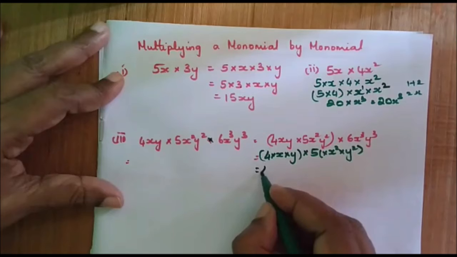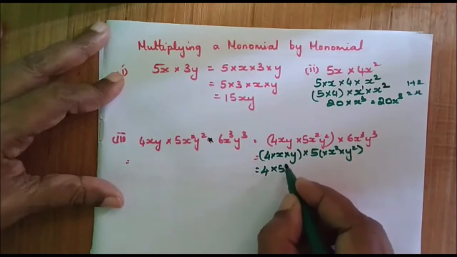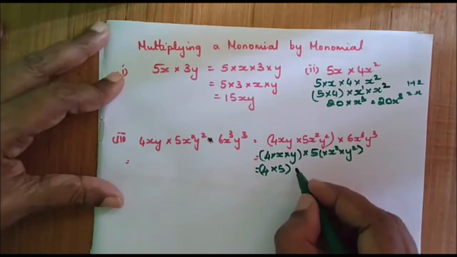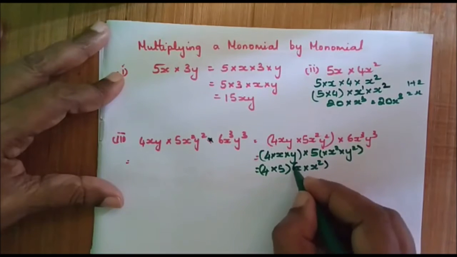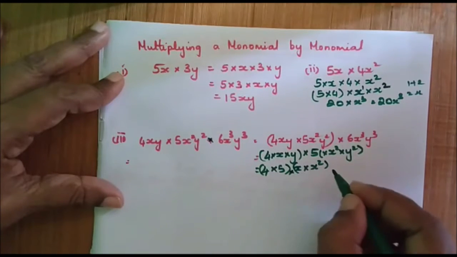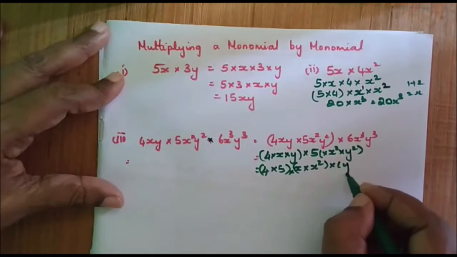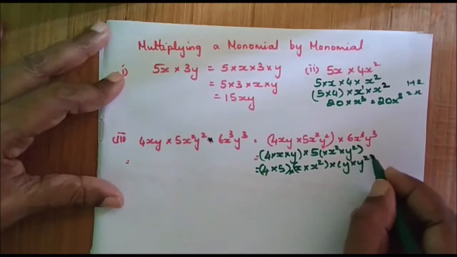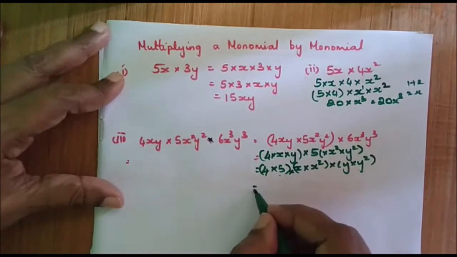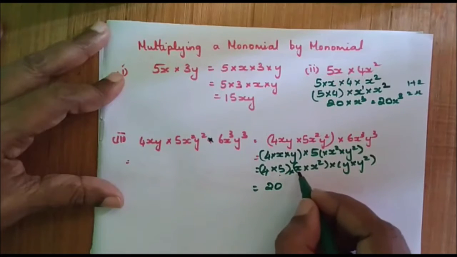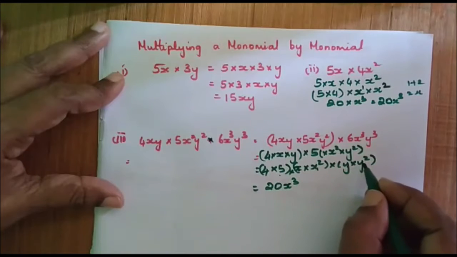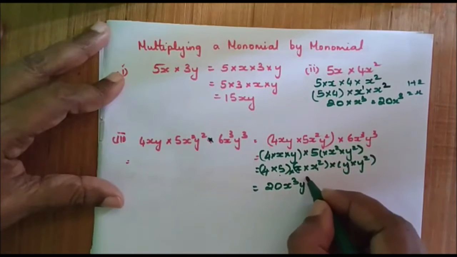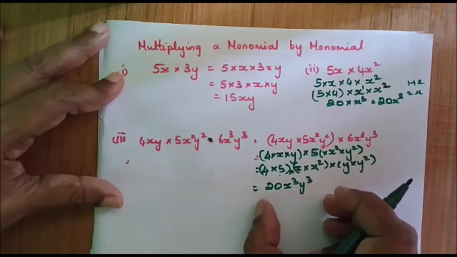So this can be written as 4 into 5, I join the constants, x into x squared, I hope you got it, this is the multiplication sign, into y into y squared. So what is 4 into 5? It is 20. x into x squared is x cubed, and y into y squared is y cubed.